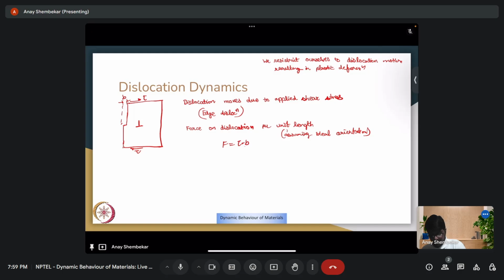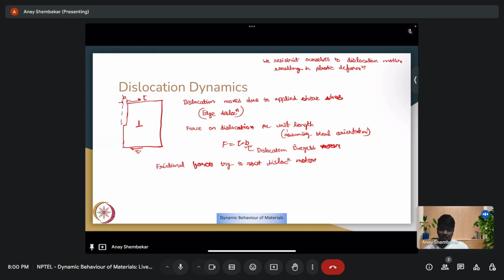Here you have frictional forces that resist dislocation motion, which is why in the first place you need an external force.